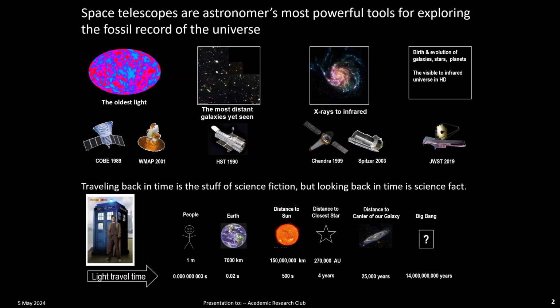When we look at the nearest star, we see it as it was 4 years ago. The center of our galaxy, we see it as it was 25,000 years ago, and so forth and so on. So we use telescopes to look back in time to explore the formation and evolution of the universe.